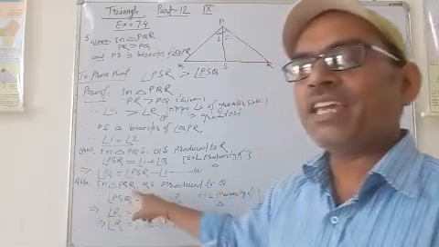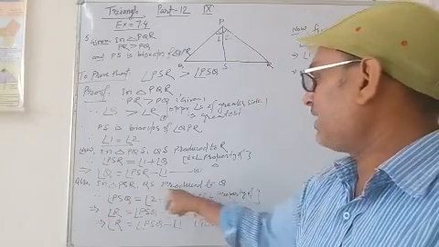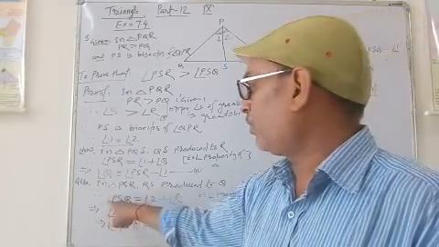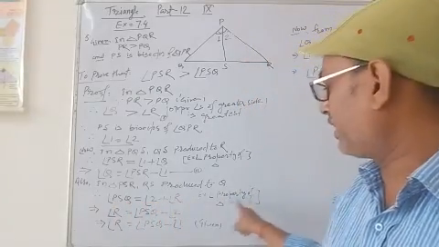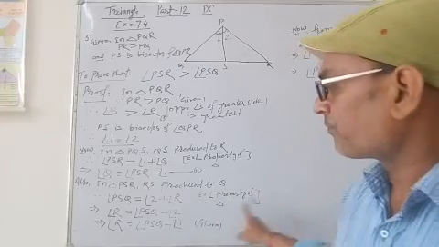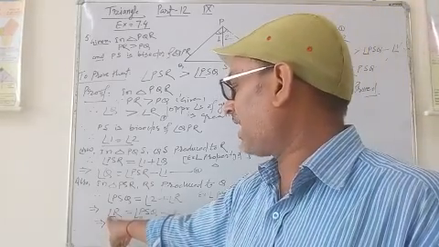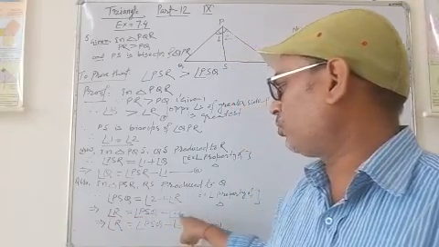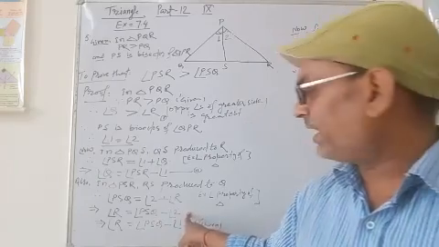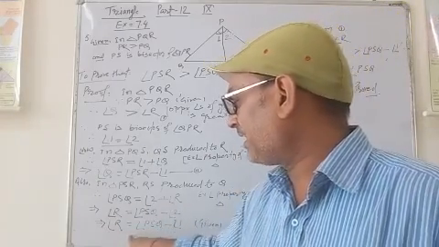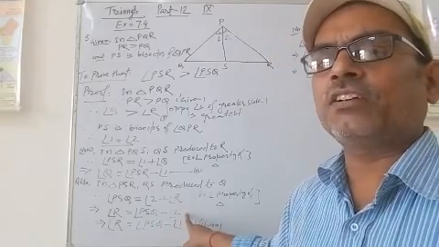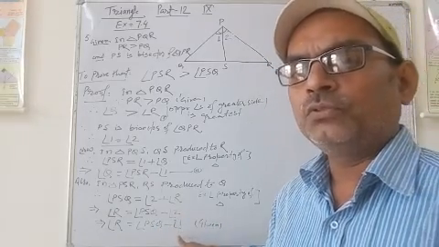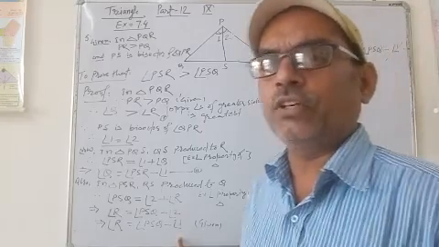Also in triangle PSR, RS is produced to Q, therefore angle PSQ is equal to angle 2 plus angle R, by the exterior angle property of a triangle. Therefore angle R is equal to angle PSQ minus angle 2. We can also write angle R is equal to angle PSQ minus angle 1, since angle 1 is equal to angle 2.